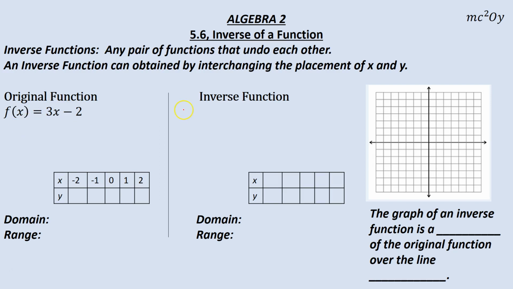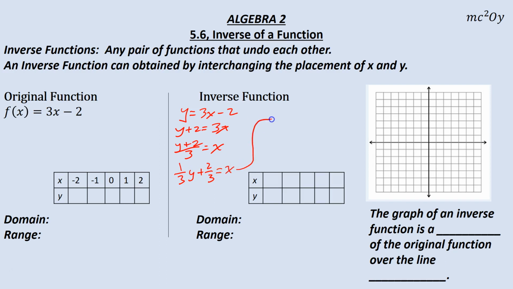I can rewrite it as y equals 3x minus 2, add 2 to get y plus 2 equals 3x, divide by 3, y plus 2 over 3 equals x, and we know that is still the same as 1/3 y plus 2/3 equals x.